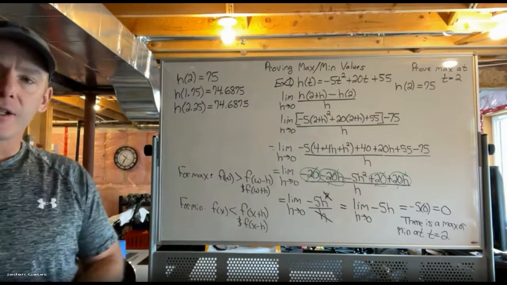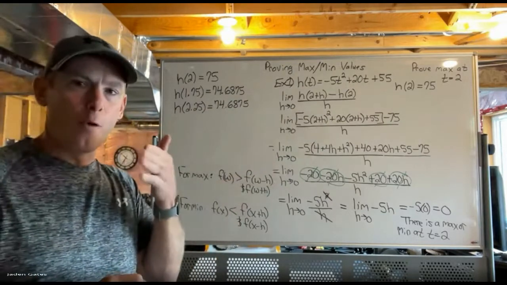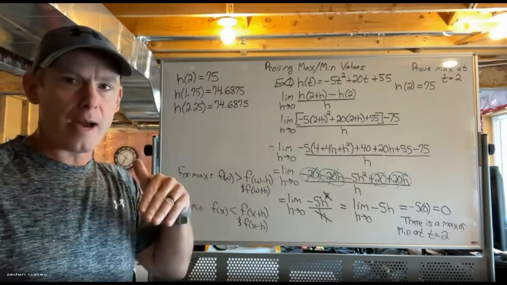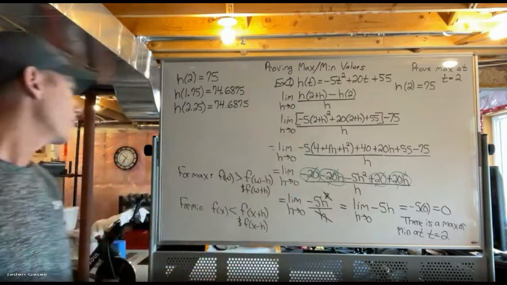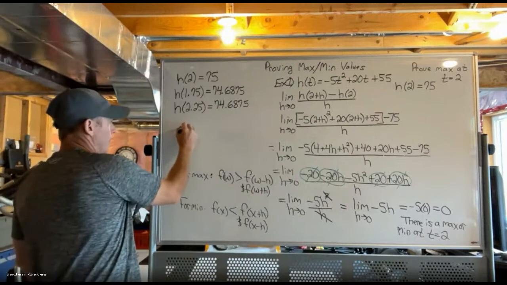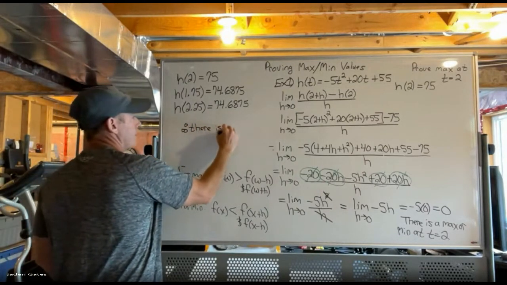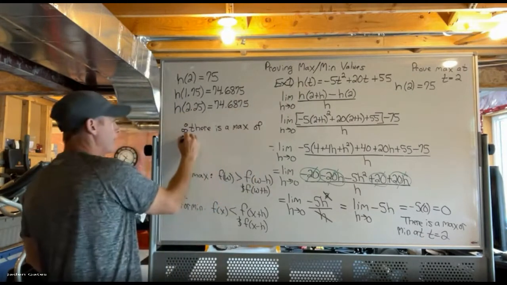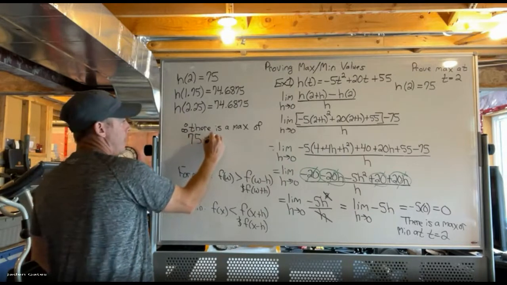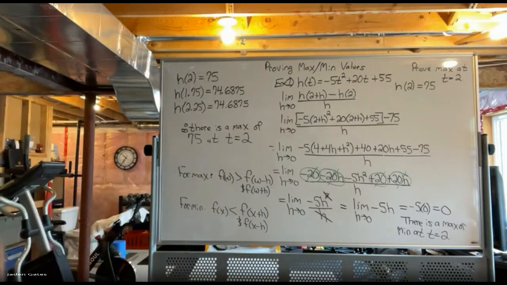And so because a little bit before t equals 2 is a lower amount, and a little bit after t equals 2 is a lower amount, therefore there is a max of 75 at t equals 2. There we go.